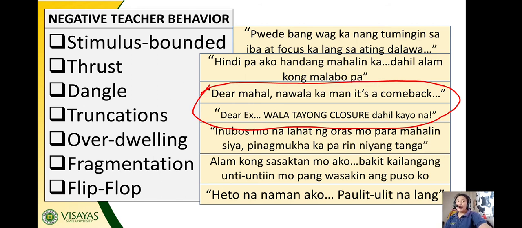For example, your discussion is about living things and non-living things for the whole sem. For the whole school year, living things lang yung na-discuss mo. That is overdwelling. Then we have fragmentation. Alam kong sasaktan mo ako, bakit kailangan unti-untiin mo pang wasakin ang puso ko?